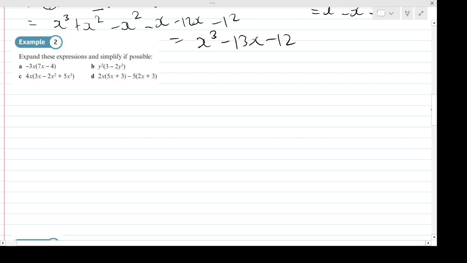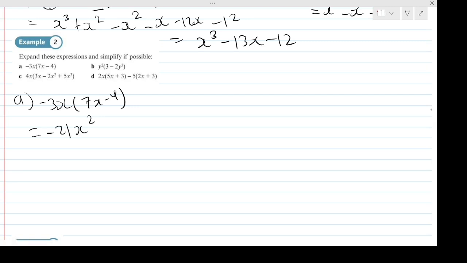Now we are told to expand these expressions as simply as possible. So we can use index laws here, but we've got indices inside the brackets, right? To help us. So firstly, we have minus 3x times 7x minus 4. Well, actually, again, just times the number outside by all the terms inside the bracket, right? So minus 3x times 7x would be minus 21x squared.